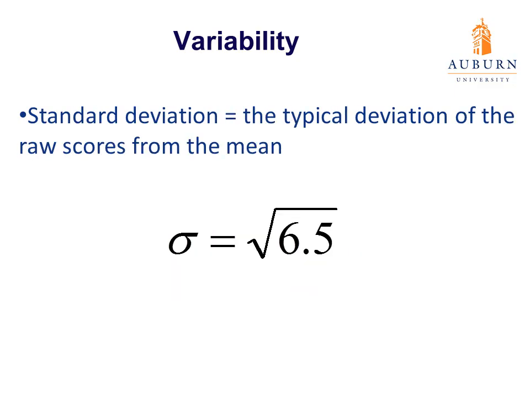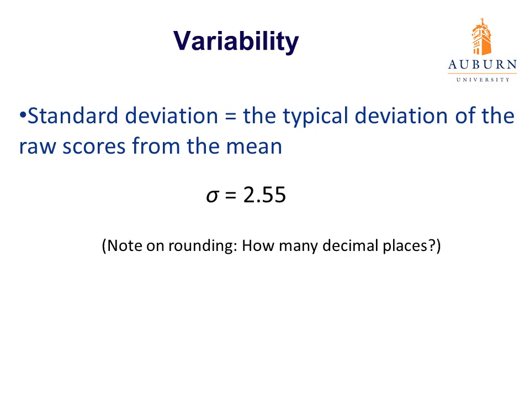So in this particular case, we will go ahead and take our variance of 6.5 and we'll take the square root of it. And when we do that, we will get our standard deviation, in other words, the third measure of variability that we need to discuss. Once we take the square root of 6.5, we end up with a standard deviation of 2.55.